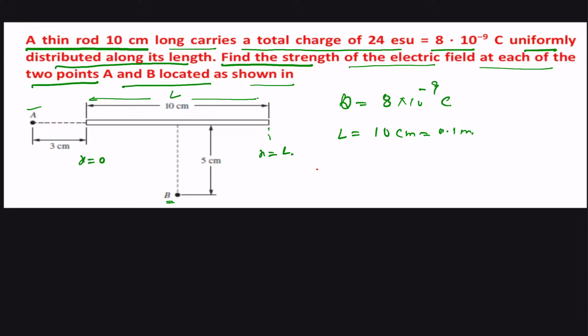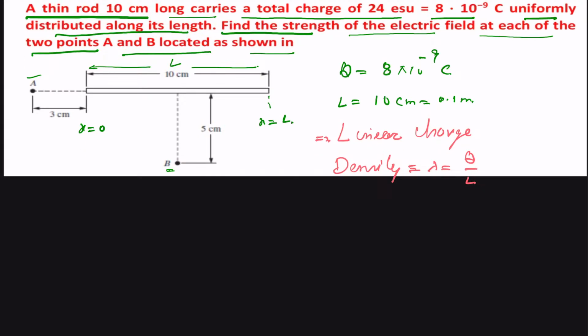Therefore we can find out the uniform linear charge density, which is our lambda, and lambda will be equal to Q upon capital L, and this Q upon capital L comes out equal to 8 into 10 to the minus 8 coulombs per meter.